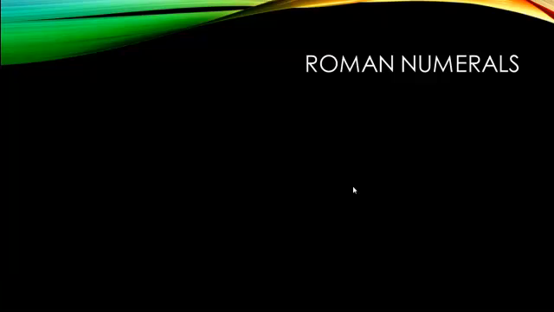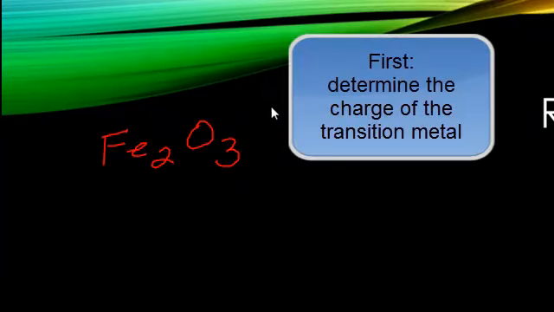So when you're naming things with Roman numerals, the first example that you have here is Fe2O3. The first thing that you have to figure out is what the charge of the iron is, because iron can have a charge of 2 or 3. The best way to do that, remember when we were figuring out the formulas, we brought down the exponents.